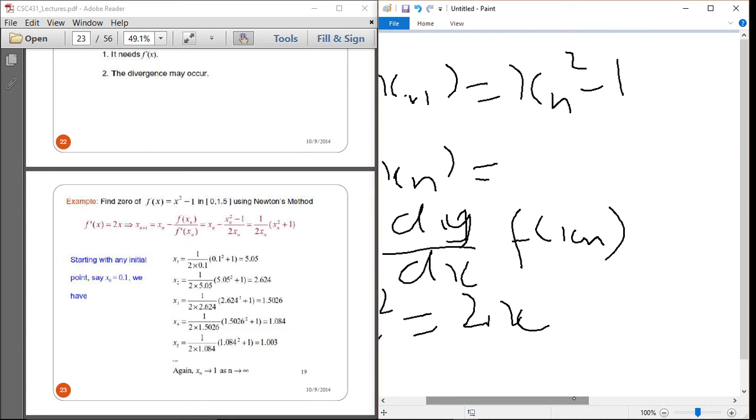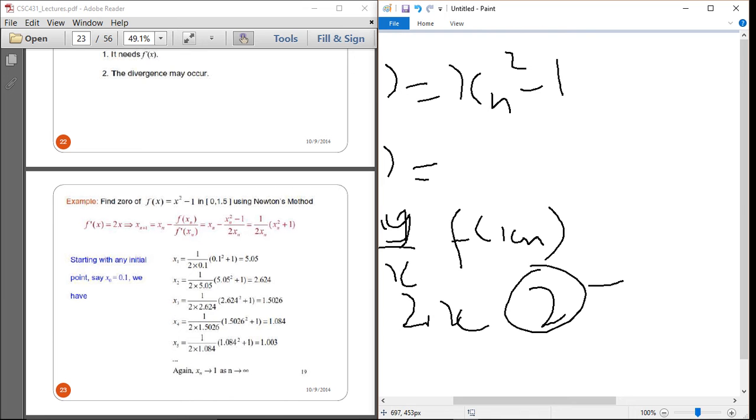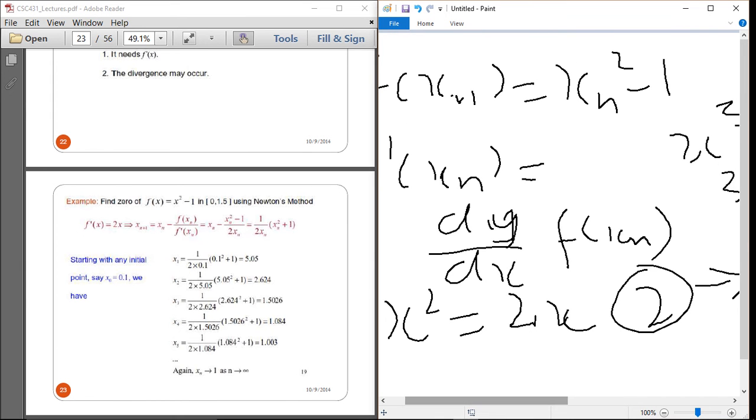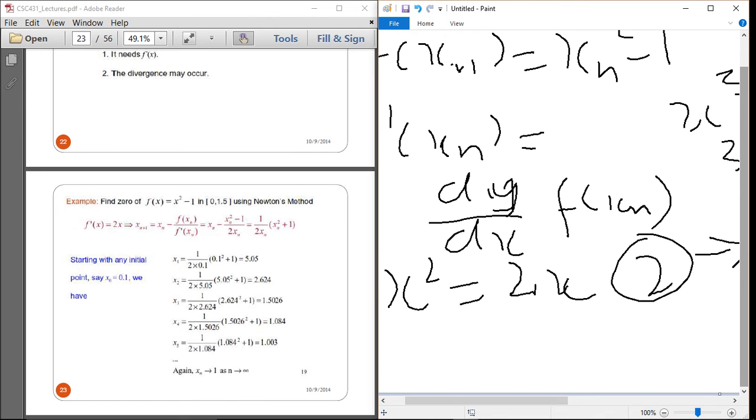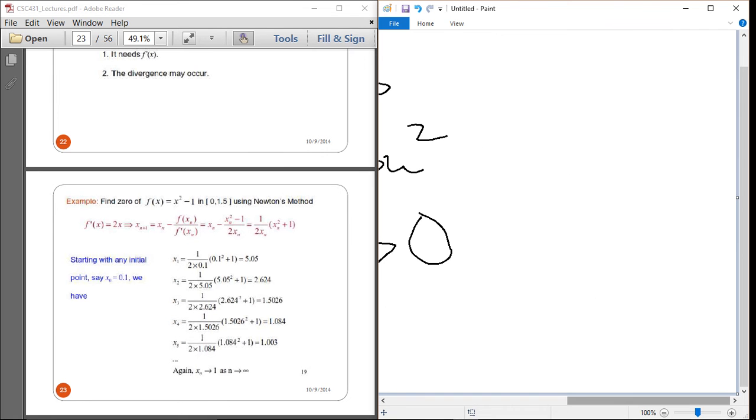If you are differentiating 2, you have 0. If you are differentiating x cubed, you have 3x squared. So our function here, xn squared minus 1, will result in 2xn minus 0, which is basically 2xn.